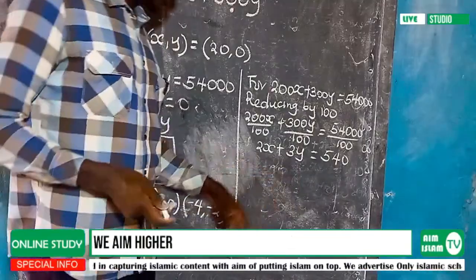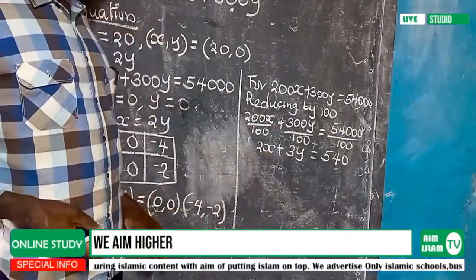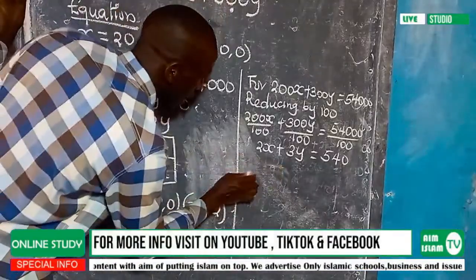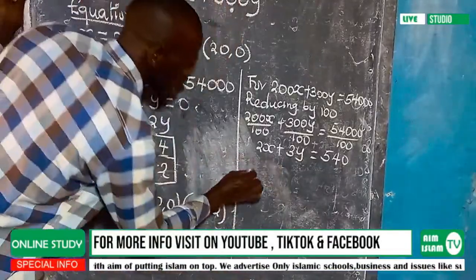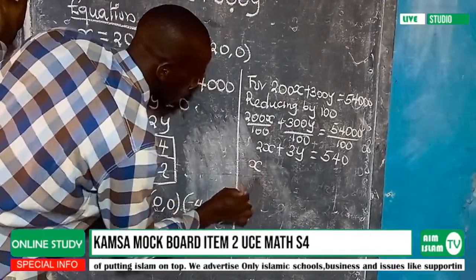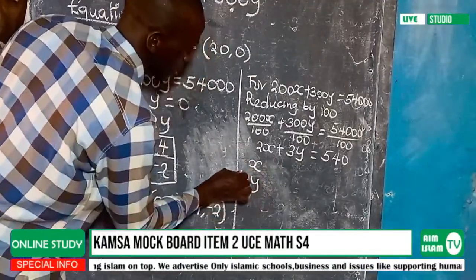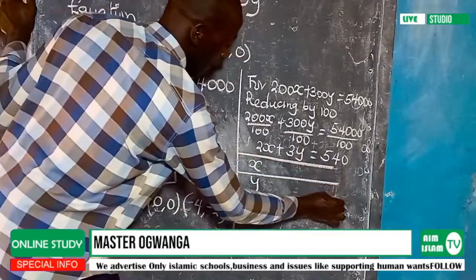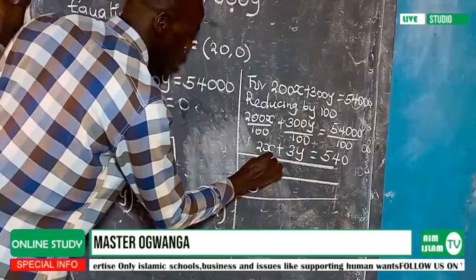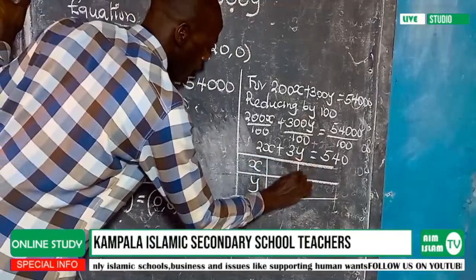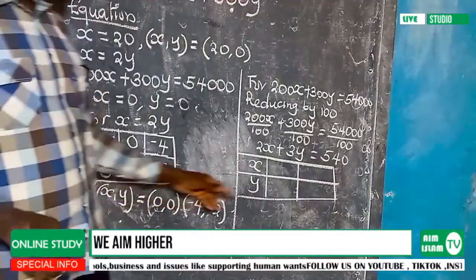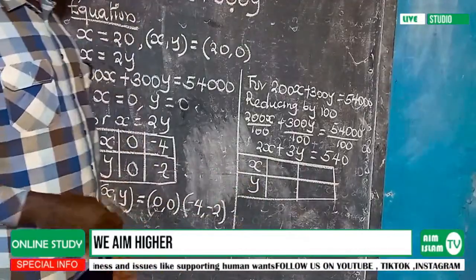Then we also come up with our points we are supposed to use for plotting. So you can have this one here as the x, then we have this one here as the y. If we have those, we also have our values.